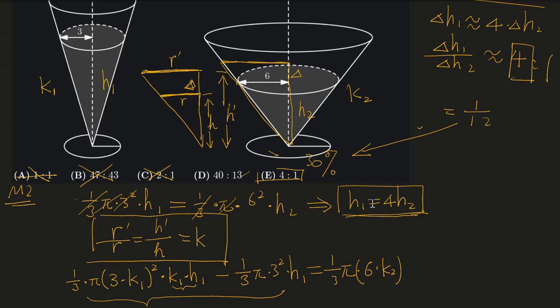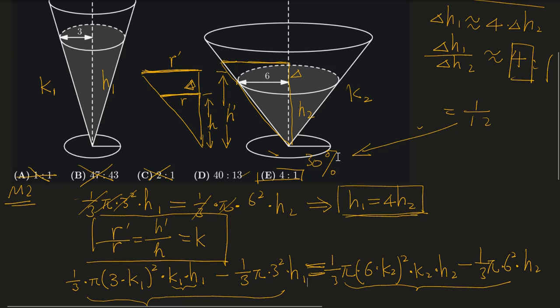So this squared times the new height, which is k2 times h2, and this minus 1/3 times pi times 6 squared times h2, right? So this difference is also the volume of the spherical marble, and they shall be equal. Now we have this equation.